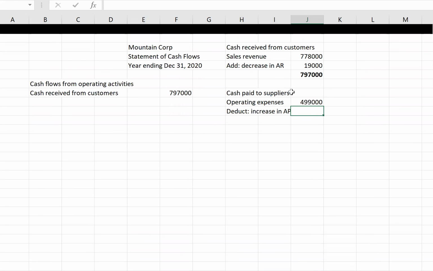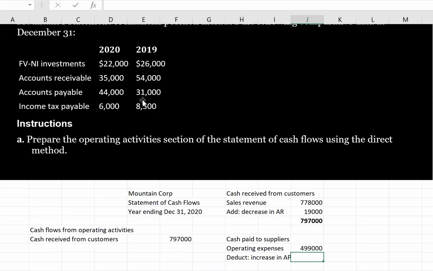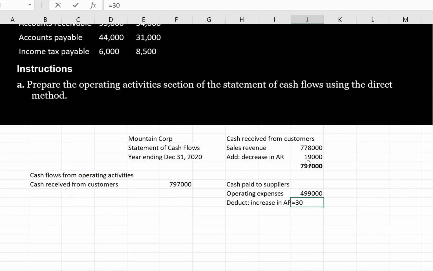And then what's happening with AP? Let's take a look. AP right here, it was 31,000 and now it's 44,000. So it increased by 13,000, and as we expected, we're going to deduct it because it's actually good for our cash flow. It's going to reduce our cash outflows to suppliers because we've extended our credit.